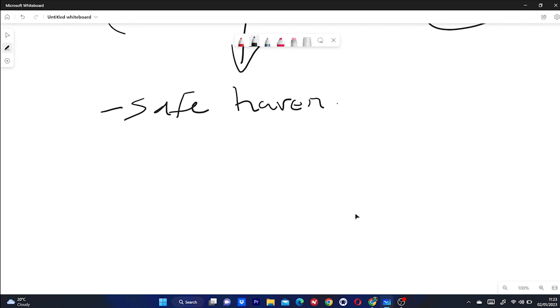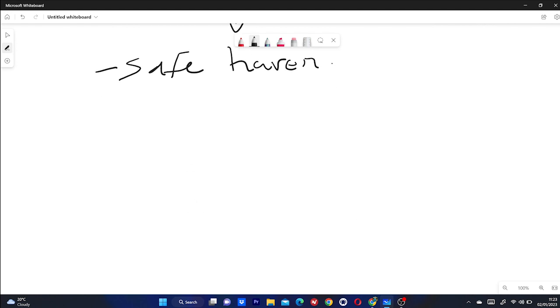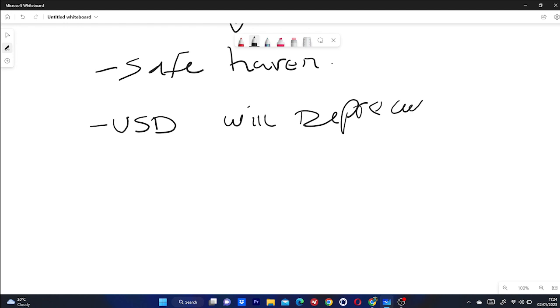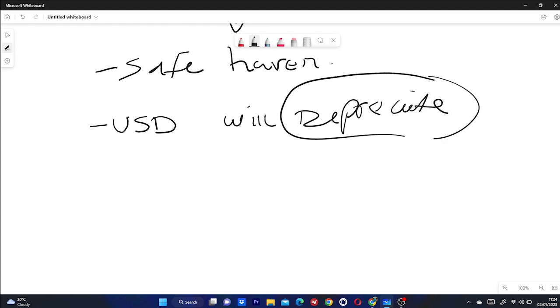What we have to know about the USD is that, apart from being the safe haven, the US dollar will depreciate when its economy depreciates. It does not matter how strong this country is or how much reserve they have, when their economy is bad, you expect the currency to go down.